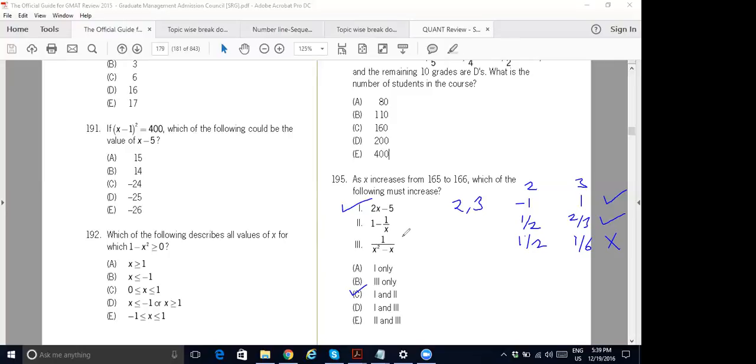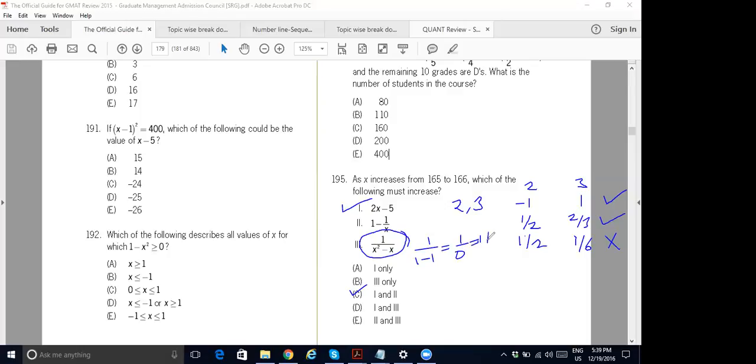Take easier and smaller values and then apply. Yes, but use the values which align with the information given. If x is increasing, we have to use values which are increasing. For example, why I'm using x as 2 and 3, not 1 and 2, is because the moment I choose 1 in statement 3, I will get 1 over 1 minus 1, which is 1 over 0, which is not defined.